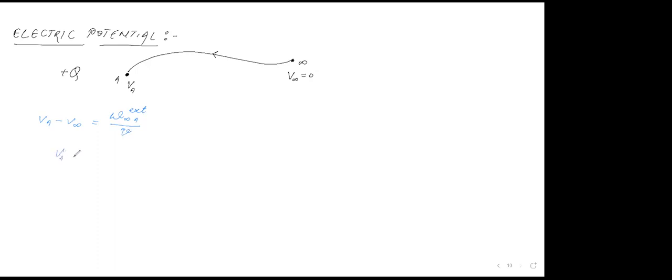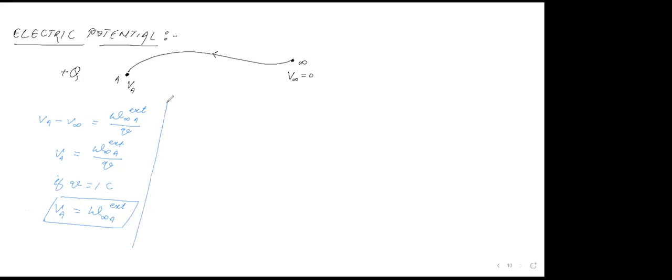So VA is equal to W infinity to A external over Q. What will happen if your Q is equal to 1 coulomb? Then VA is equal to W infinity to A externally.